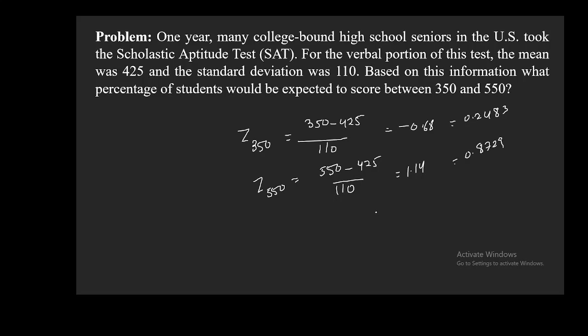So the proportion in between is 0.8729 minus 0.2483, which is 0.6246. That is, 62.46% of the students would be expected to score between 350 and 550.